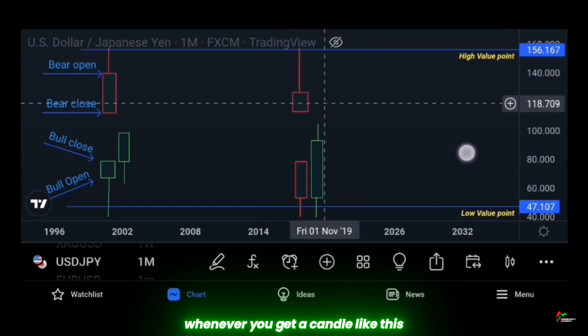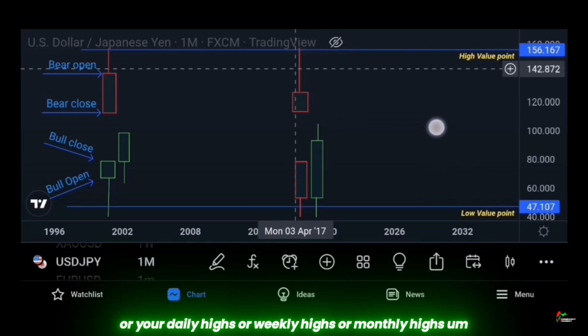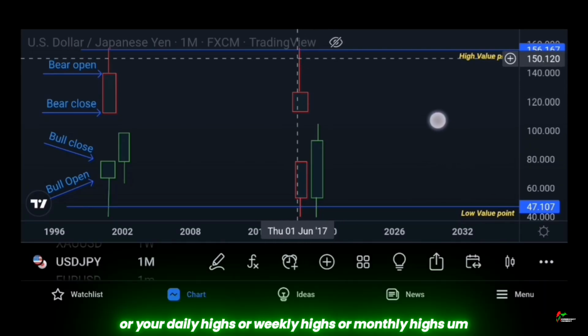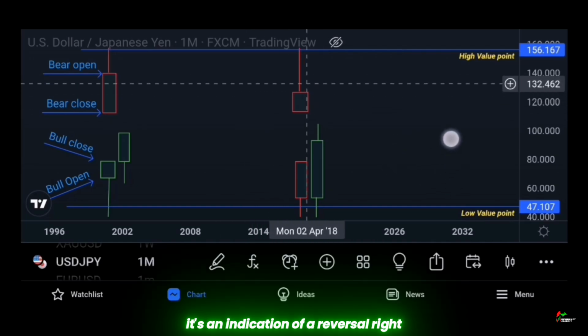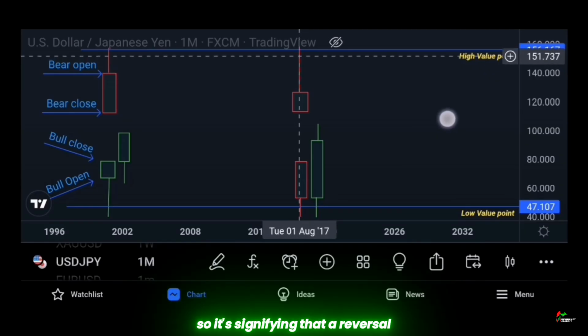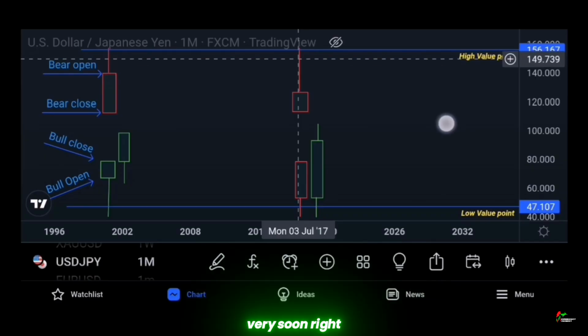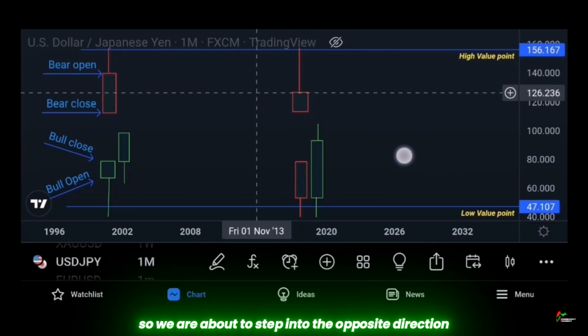Whenever you get a candle like this on a high value area, or your daily highs, weekly highs or monthly highs, it's much more powerful, and it's an indication of a reversal, right? It signifies that a reversal will be taking place very soon. Alright, so we are about to step into the opposite direction.